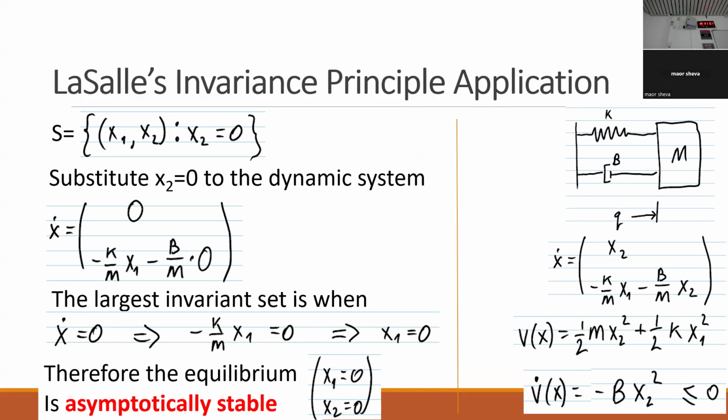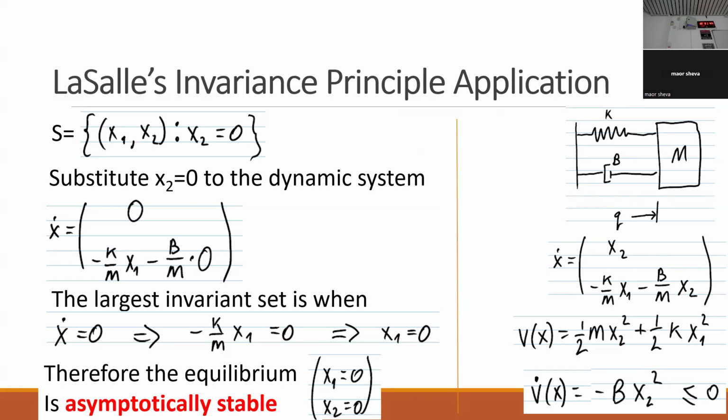And we have this dynamical system: X dot equals minus K X1. But this system will not stay anywhere unless X dot is 0. So the largest invariant set in S that the system will stay in is where X dot equals 0. This will happen when minus K over M times X1 will be 0, and that requires that X1 will be 0 as well.